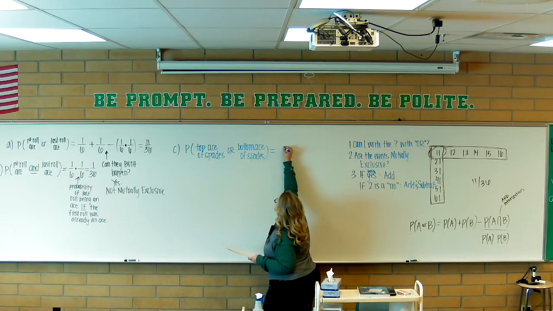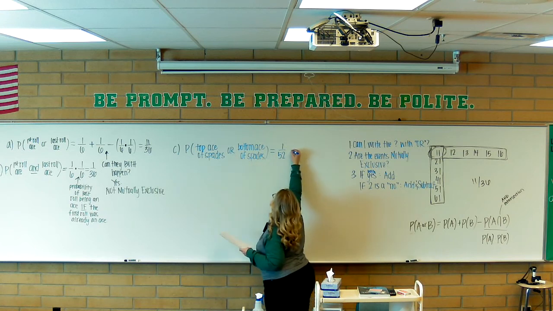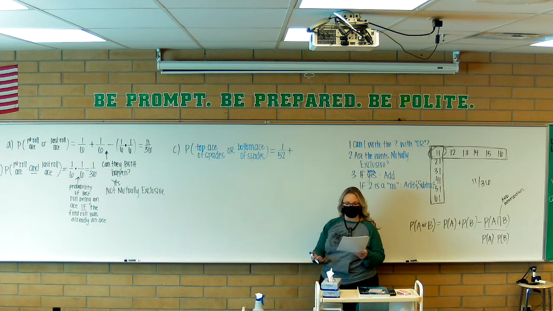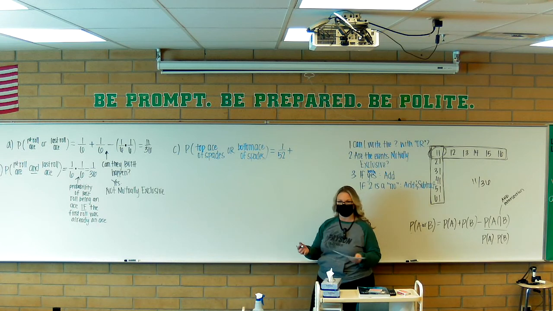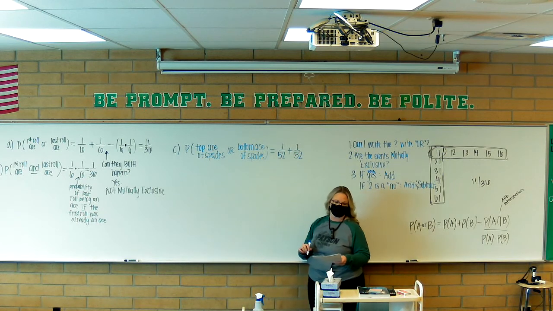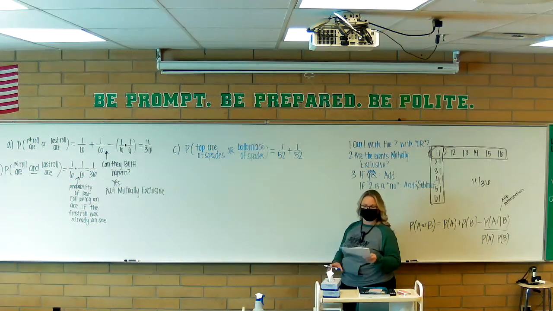So top card is the ace of spades, has a probability of 1 in 52. Keyword was or, so we add. Now, what is the likelihood that the bottom card is the ace of spades? Also 1 in 52. But then we ask ourselves the question: can they both happen? Can the top card and the bottom card both be the ace of spades?